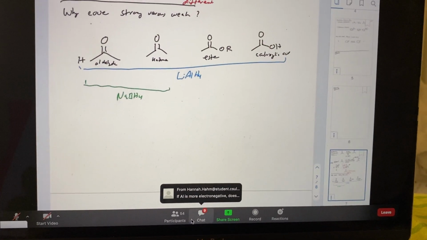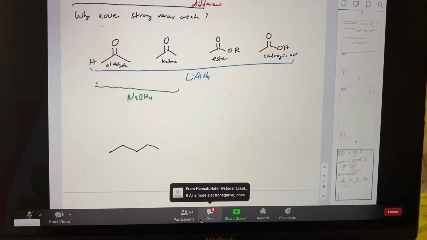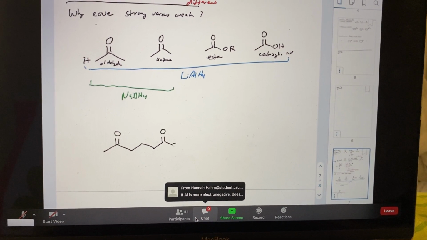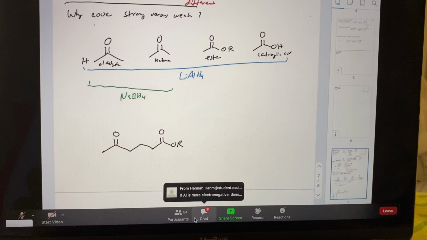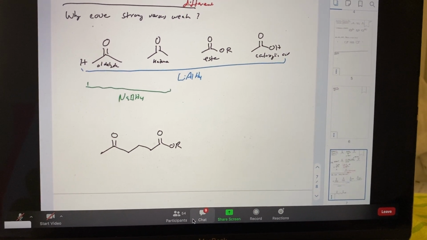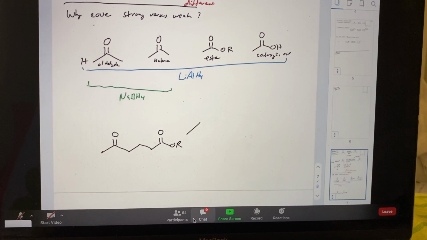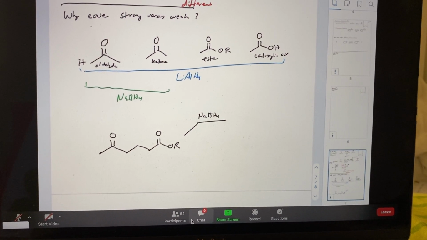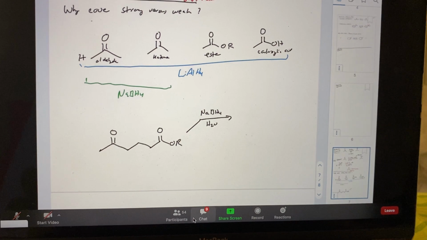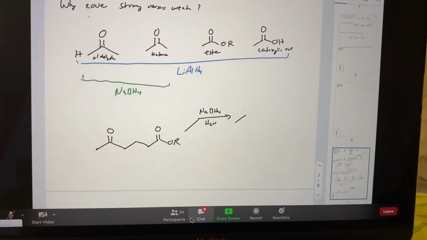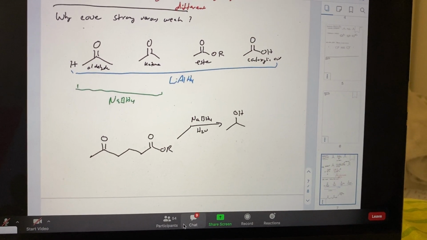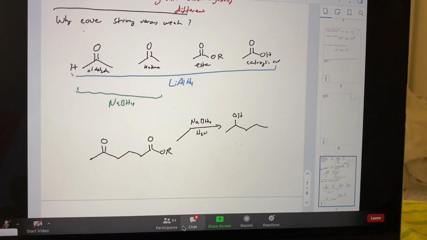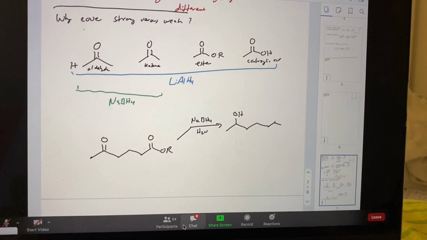As an example, imagine we had a compound that has a ketone and an ester that looks like this. If we were to then treat this compound with sodium borohydride in water, let's say we have an excess of sodium borohydride, we'll end up with an alcohol here, and it would be chiral, but we're going to ignore the stereochemistry now, and a primary alcohol.